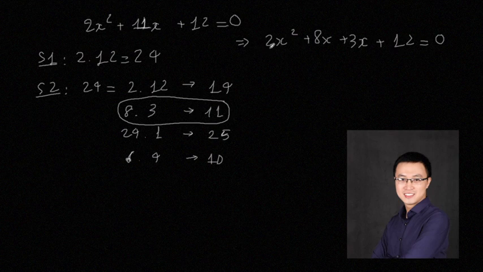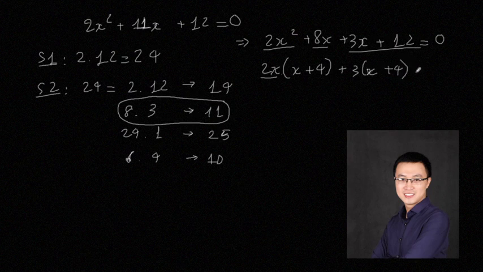The first two terms we have 2x squared and 8x, so I will take 2x outside because 8 includes 2, so x plus 4. We check: 2x times x, you have 2x squared, 2x times 4 you get 8x. In the second one 3 will be outside because 3 is a common factor, and 4 here. 3 times x, 3x, 3 times 4, 12.